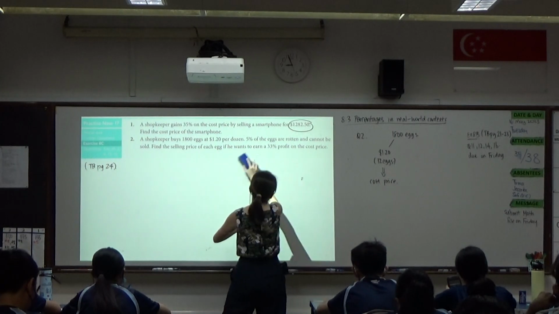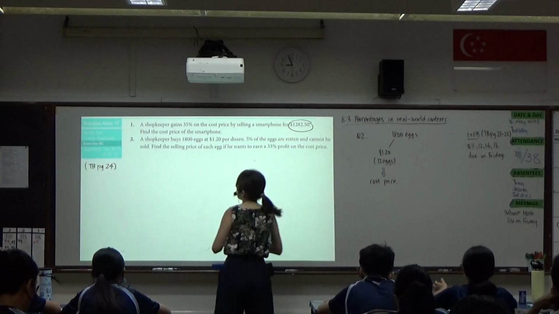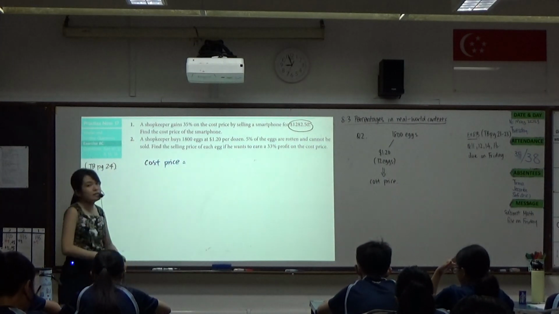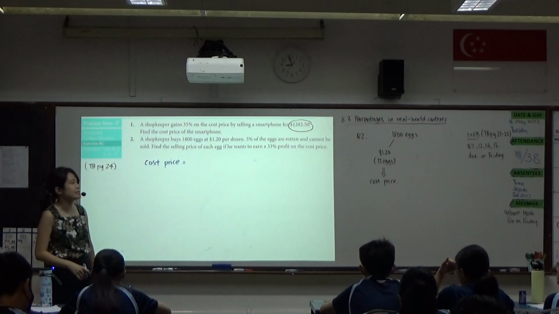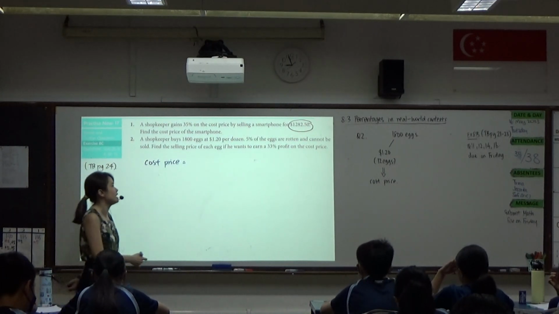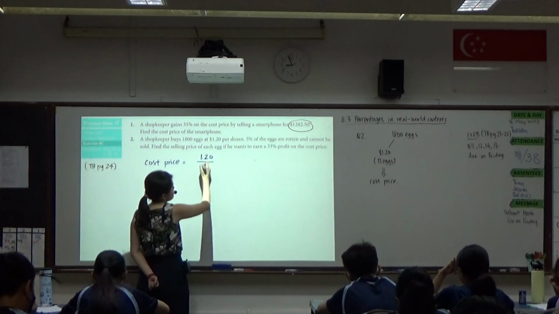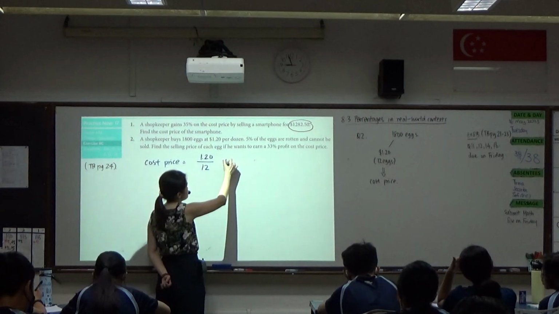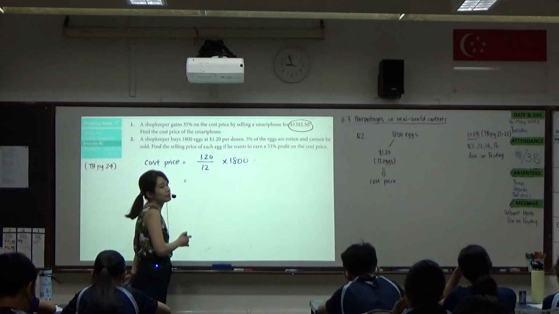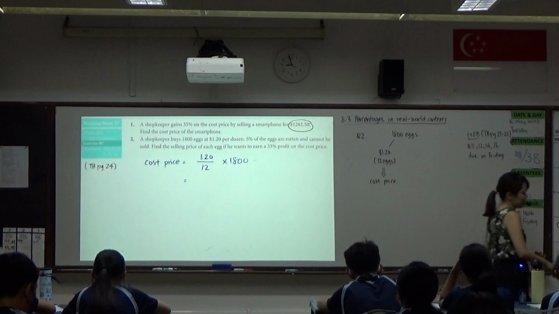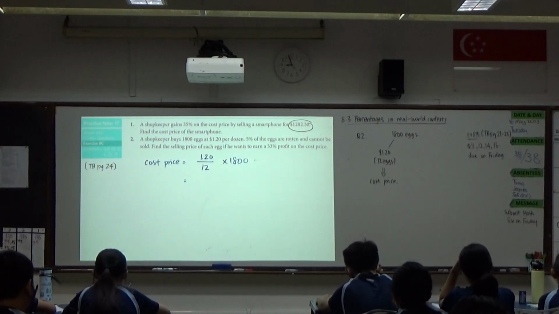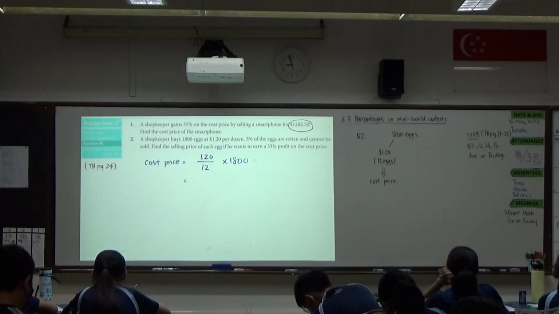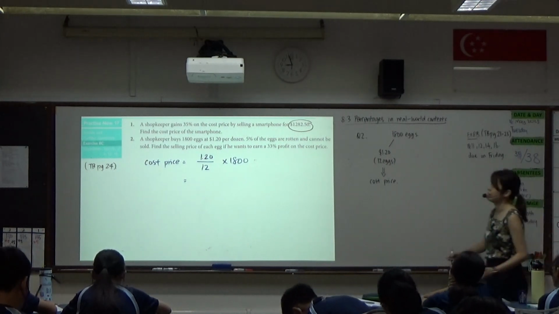First we find out the cost price. Because it is $1.20 for 12 eggs and we have a total of 1,800, you can take $1.20 divided by 12 to find the price of 1 egg first, followed by multiplying with 1,800. That is 10 cents, and 10 cents times 1,800, we will get $180.